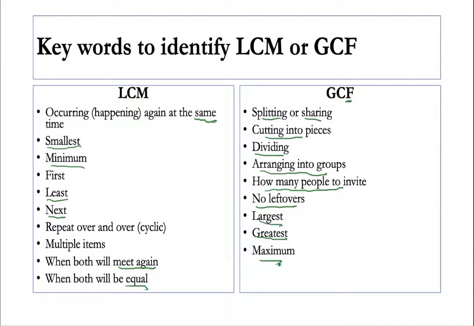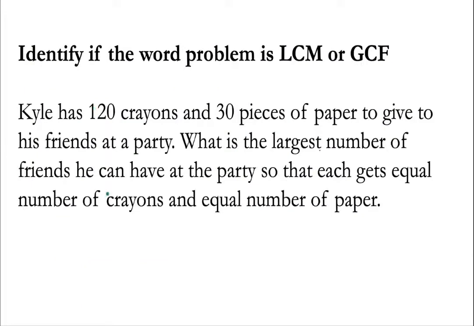Let's look at some examples. In the first few problems we're not going to solve, we just want to identify whether you have an LCM or GCF word problem. So the first question says, Kyle has 120 crayons and 30 pieces of paper to give to his friends at a party.